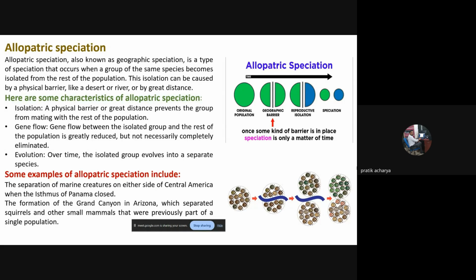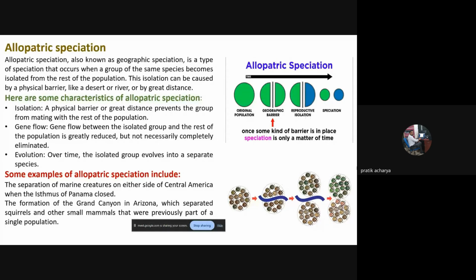Okay, genetic divergence is also another cause of allopatric speciation: accumulation of differences in DNA, appearance, and behavior. So these all are responsible for this allopatric speciation. Okay, the basic characteristics are isolation, that means a physical barrier, no gene flow between the isolated group and the rest of the population, and evolution over time, the isolated group evolving into a separate species. Already I have explained in the picture.